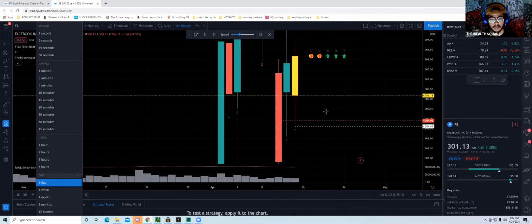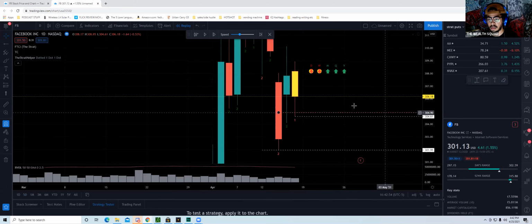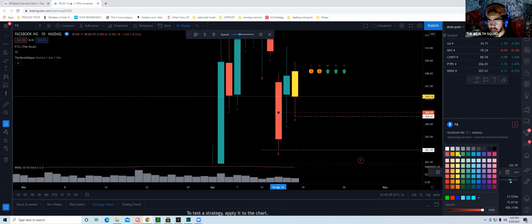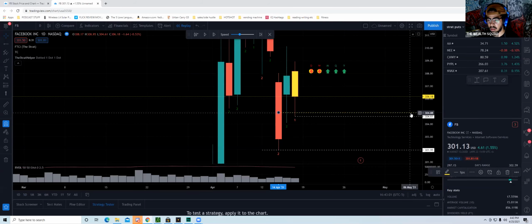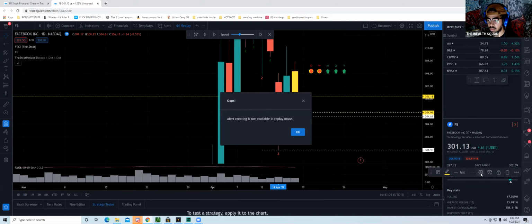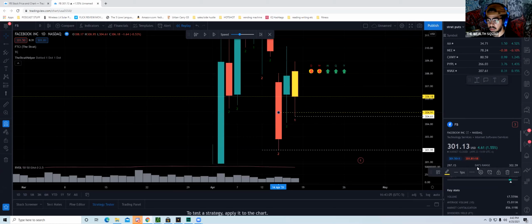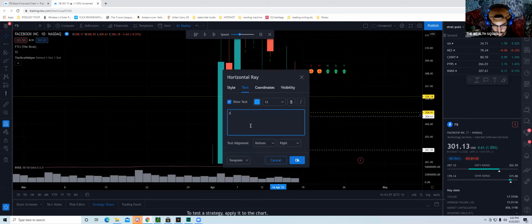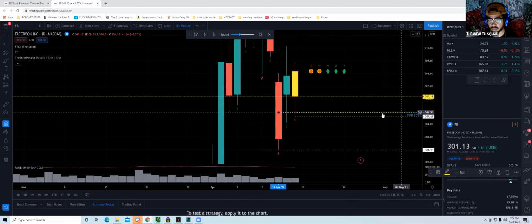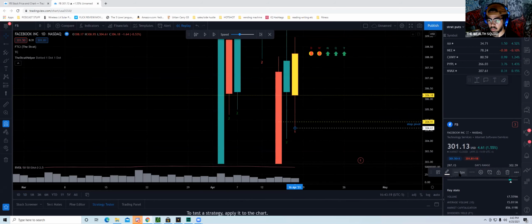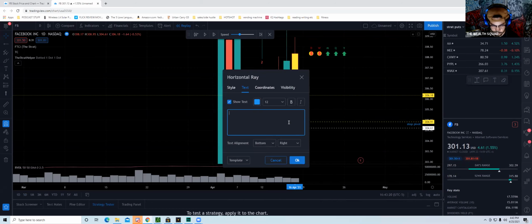All right, so I'm on the daily. I'll paint this yellow. This would be my stop pivot to hop out the trade. This one right here would be my entry.